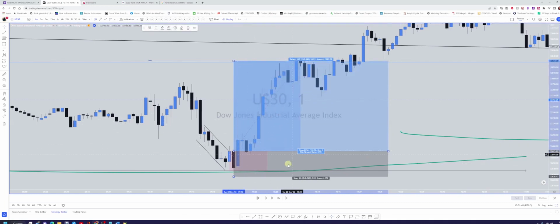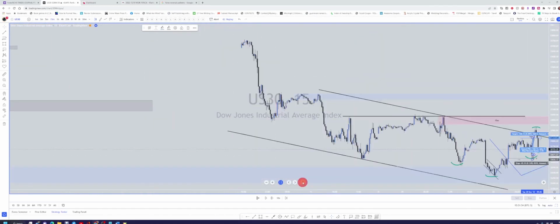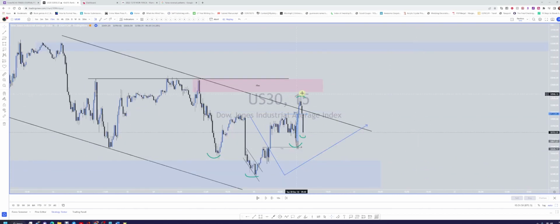Now, we got a 1 minute entry, but that doesn't mean we want a 1 minute exit. I was still looking at price on the higher time frame. And my final target was this 15-minute order block. So I wanted to take the trade from here up to here.